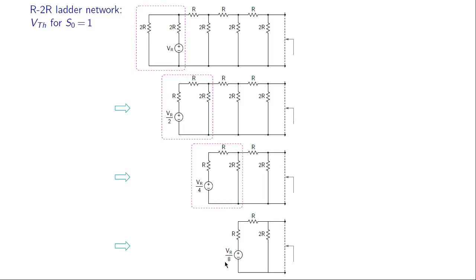So we are going to get a Thevenin resistance RTH equal to R for this entire network, and a Thevenin voltage of half of this, that is VR by 16. So that is our final answer. So as seen from here, the Thevenin voltage is VR by 16.